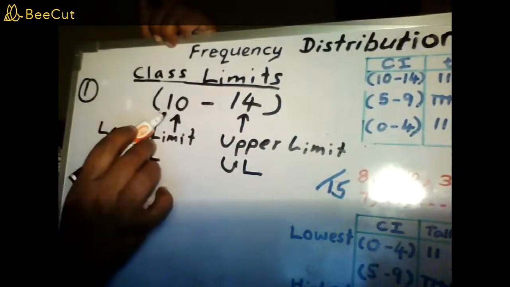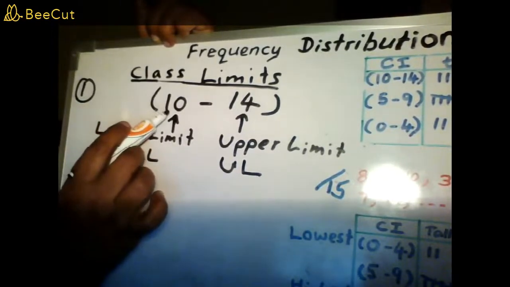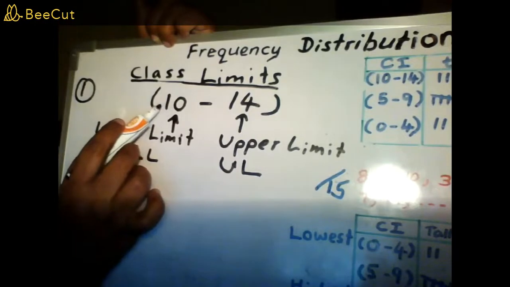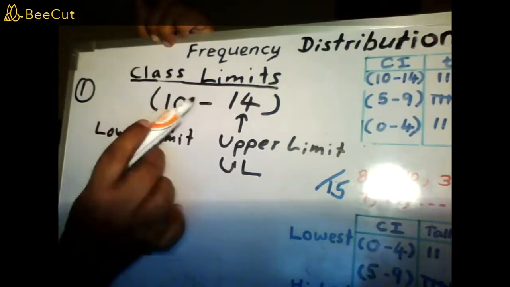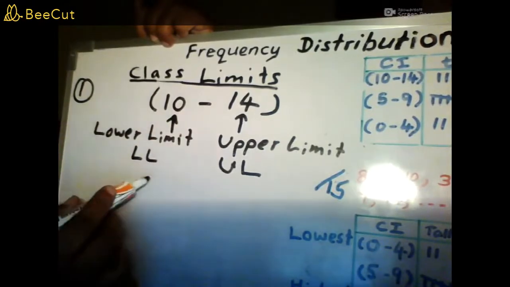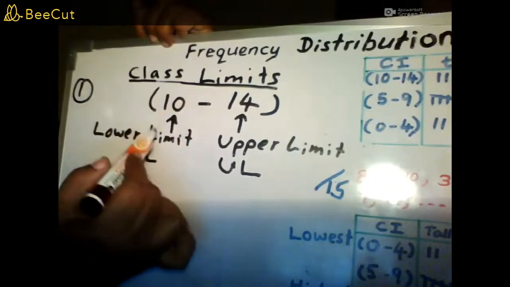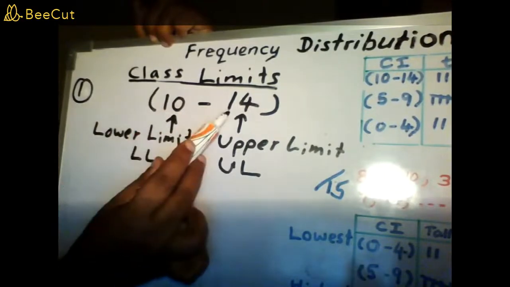The lower value, the smaller mark and the bigger mark. So in a class there are 2 limits, the lower limit and the upper limit.